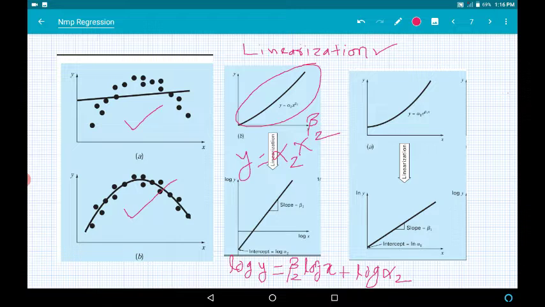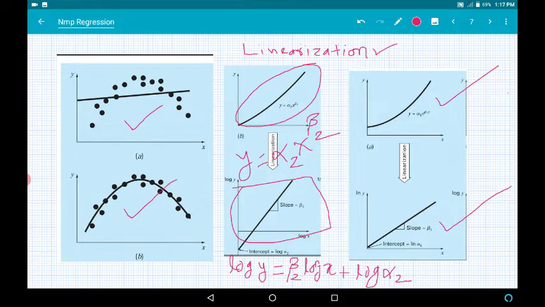Now if I want to do linear regression on a non-linear curve, first of all I will have to linearize this. The lower diagram is basically the linearization of the above diagram. Similarly here, this is the non-linear curve and this is the linearization.